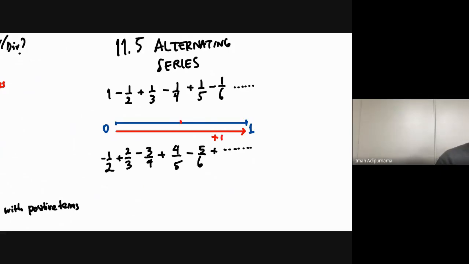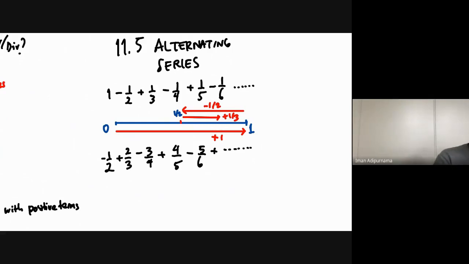And then we are going back minus half, and then we are going positive plus here, and then going back 1 over 4 and 1 over 5 and so on and so forth.